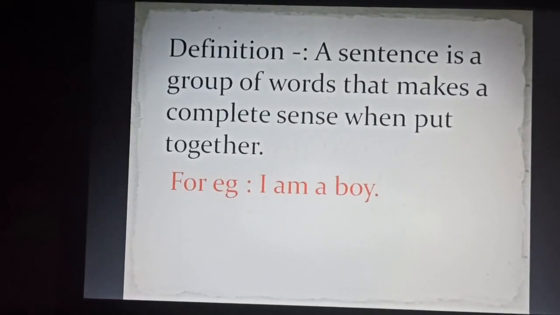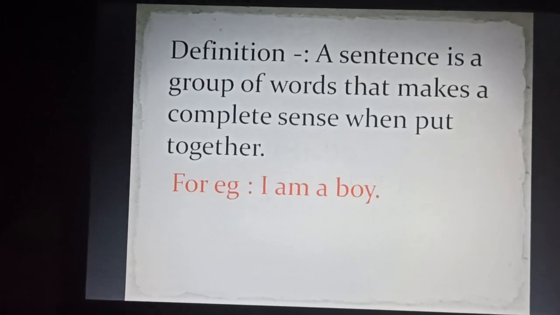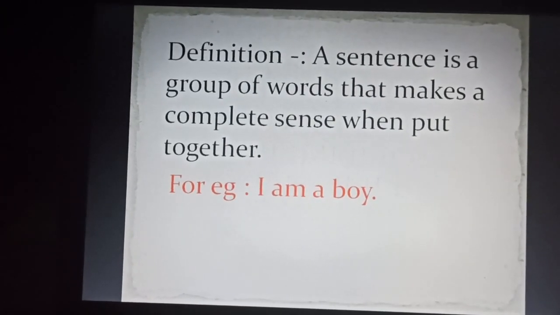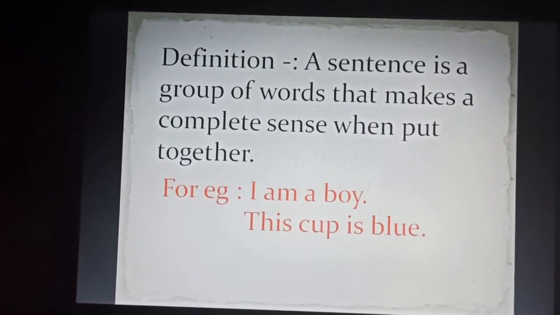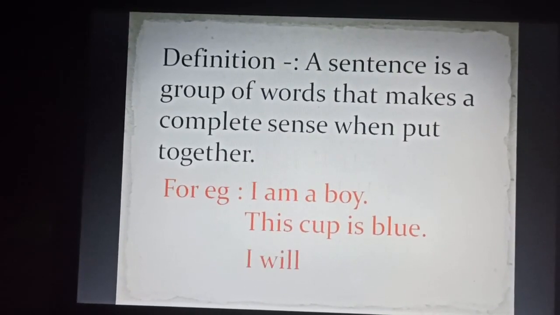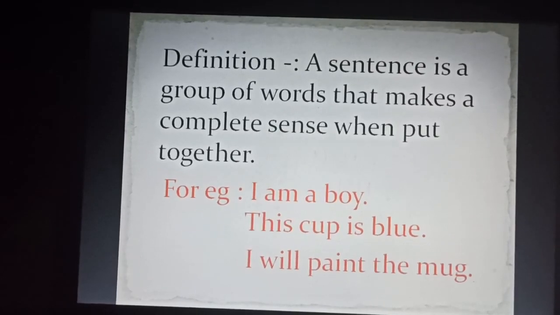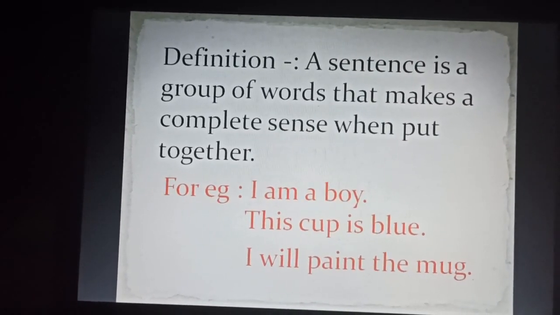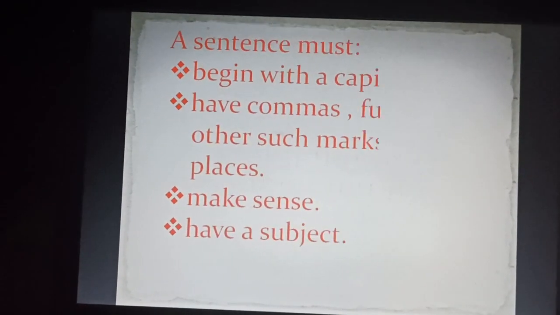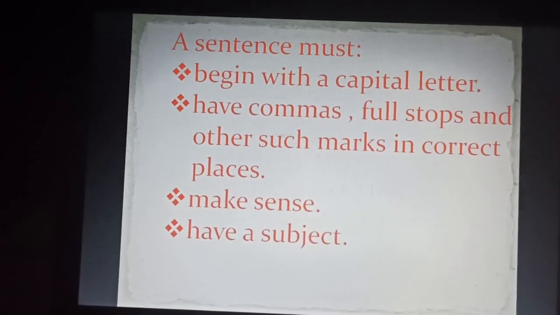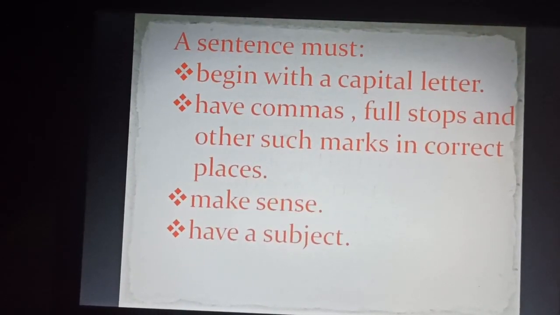For example, I am a boy. This cup is blue. I will paint the mug. Now I will tell you the things which you have to keep in your mind while making sentences.